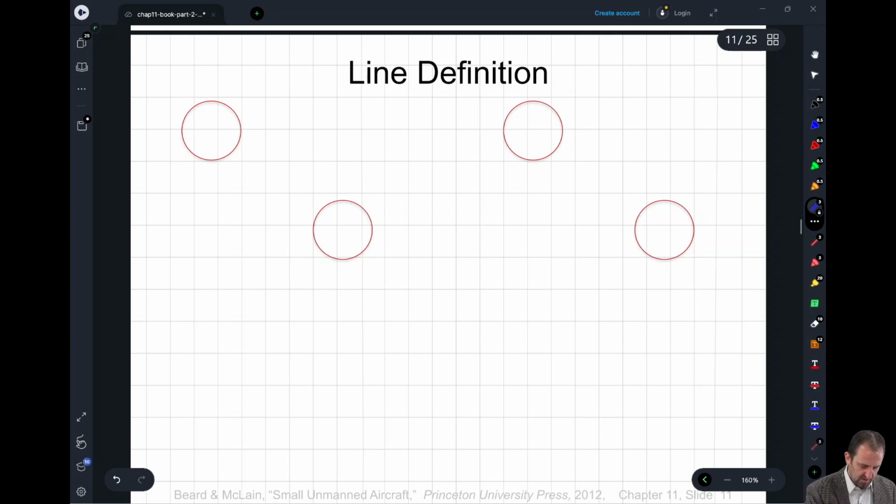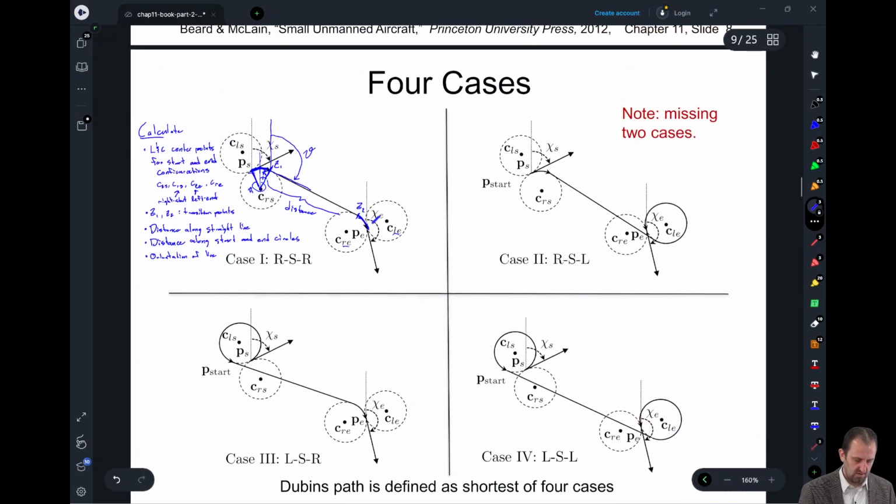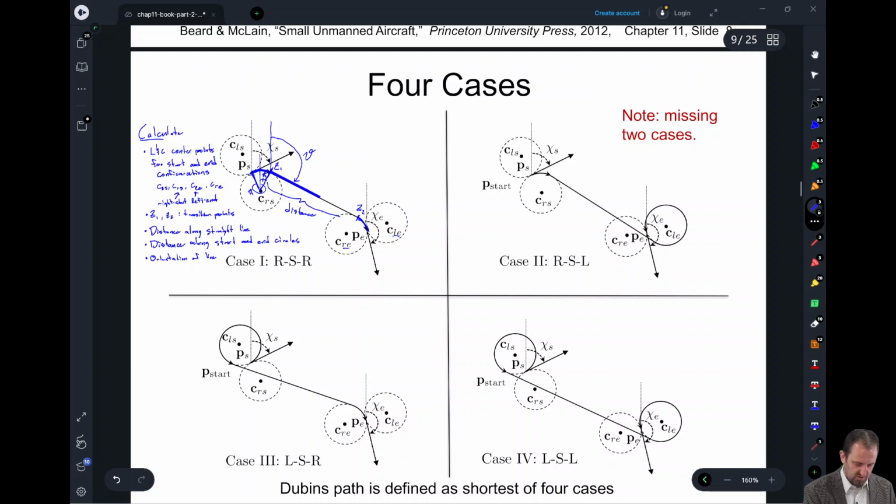So either we're going to be transitioning straight between them, or we're going to be transitioning from one side of the circle to the other because we're changing orientations.